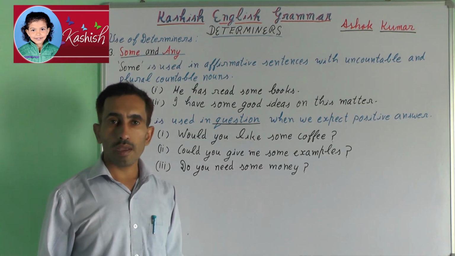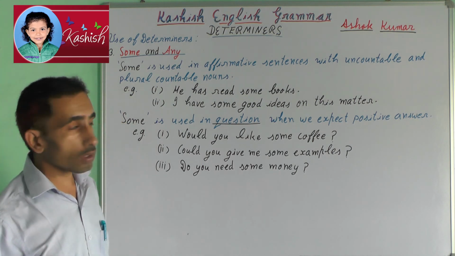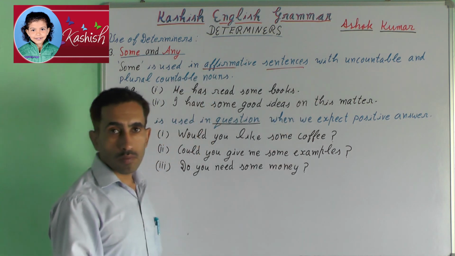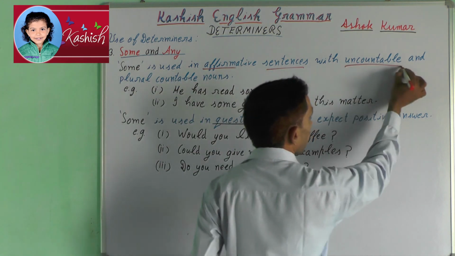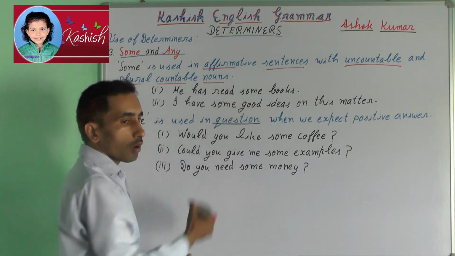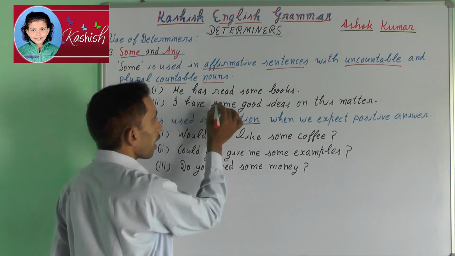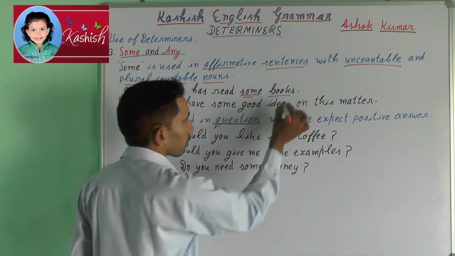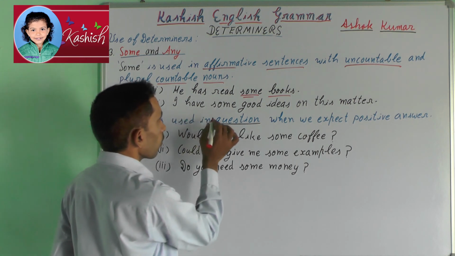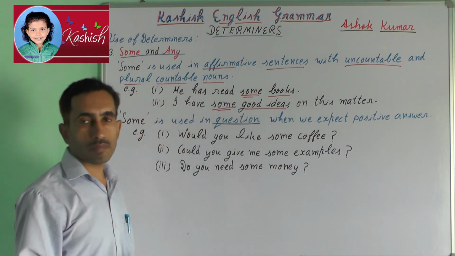Third, some and any. Some is used in affirmative sentences with uncountable and plural countable nouns. For example, he has read some books. Next, I have some good ideas on this matter.